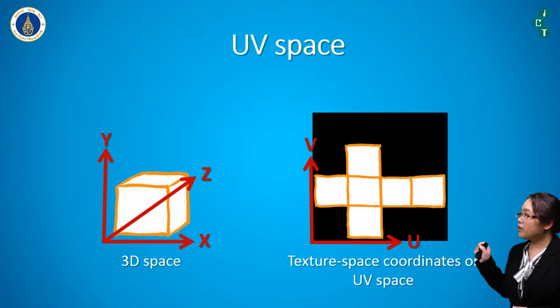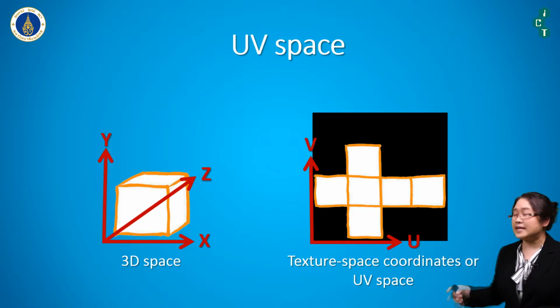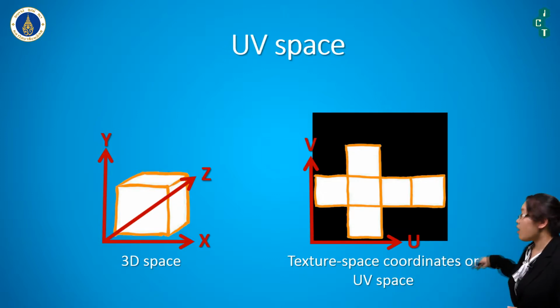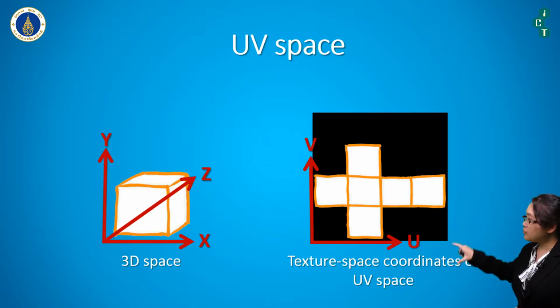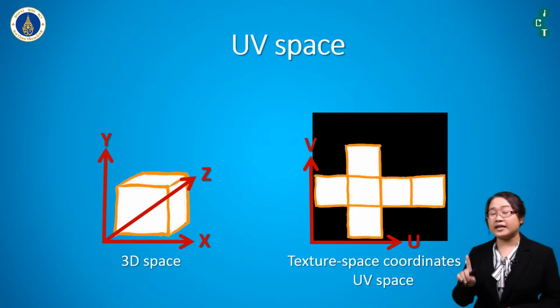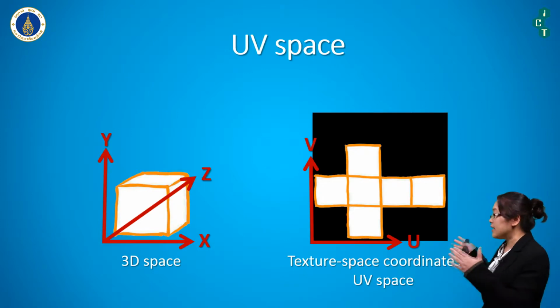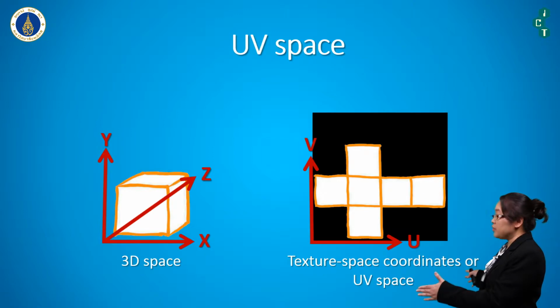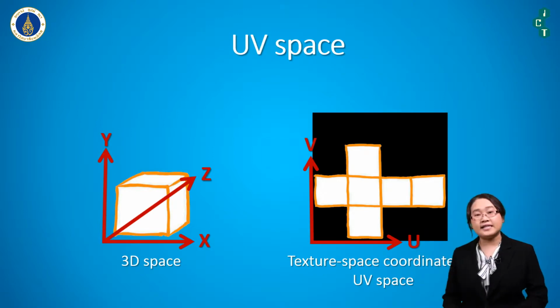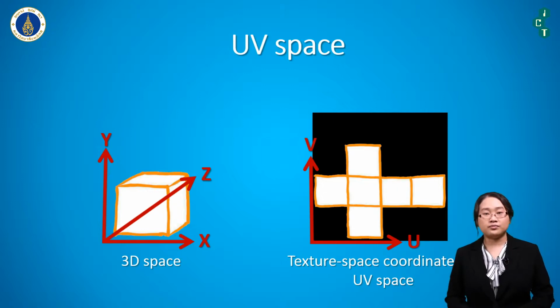The specific thing about this is you have U on the horizontal axis and V on the vertical axis. And the size of U and V is exactly 1 unit. It means that the length of U in the UV space is 1 and the length of V is also 1.